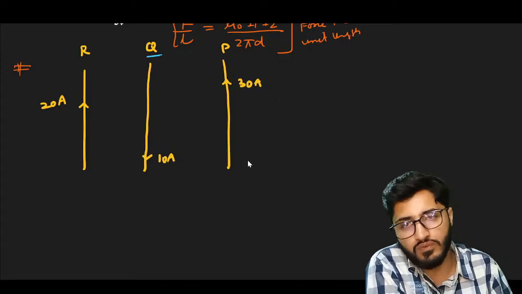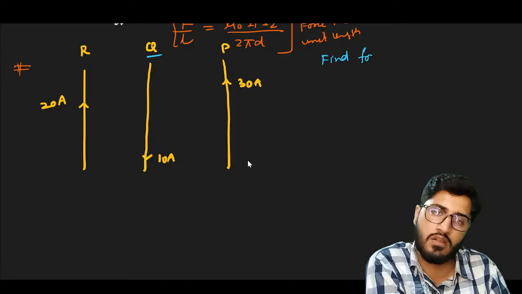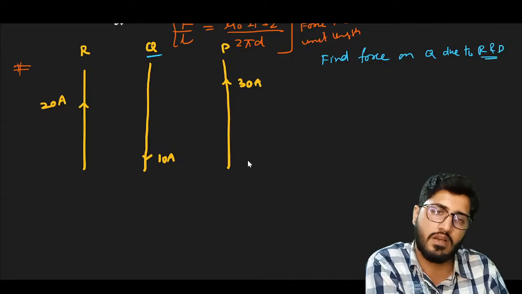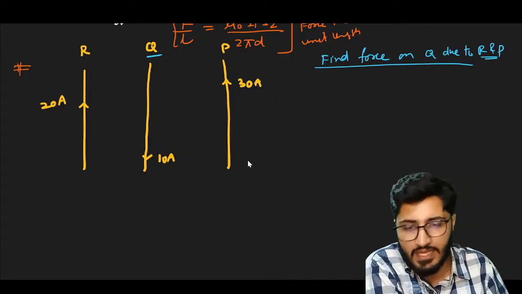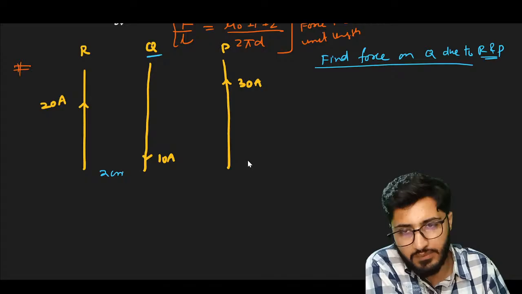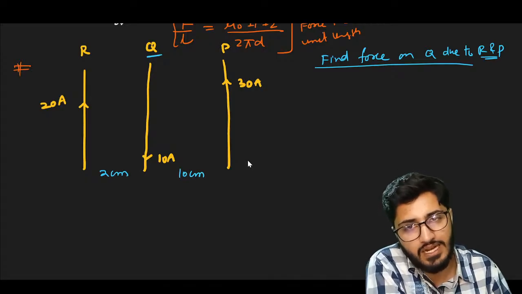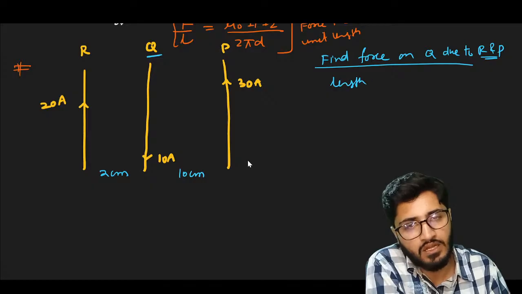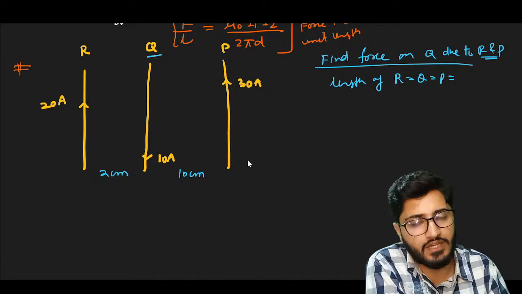Find force on Q due to R and P. If this distance is 2 centimeter, this one is 10 centimeter, and length of R equals Q equals P equals 10 centimeter.